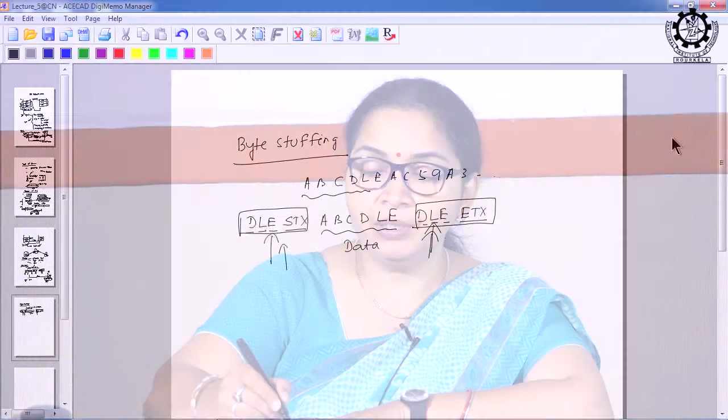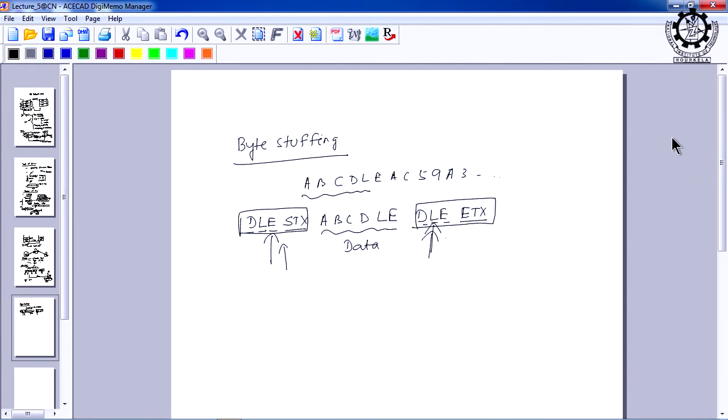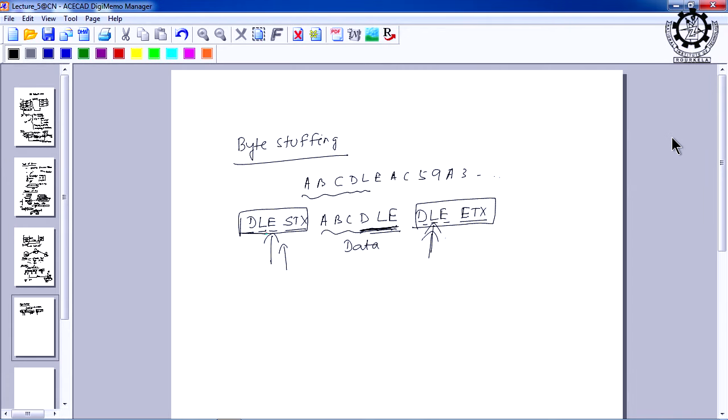Now, let us say in the data you have an accidental DLE character in between. How will this DLE be interpreted by the receiver? Because DLE is always considered as data link escape, a control information.